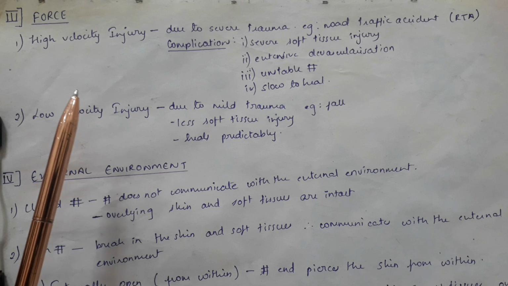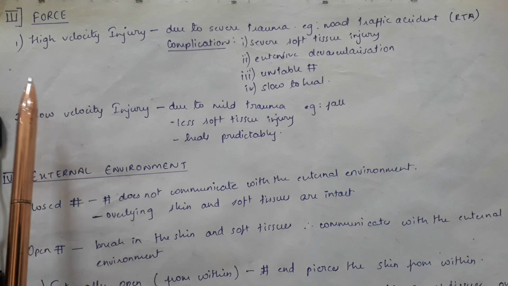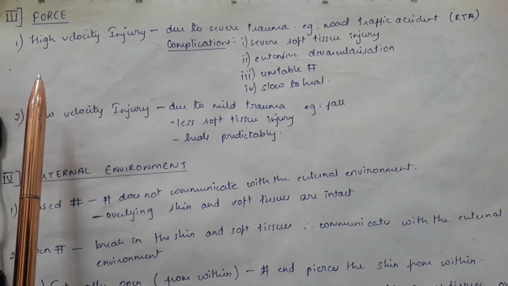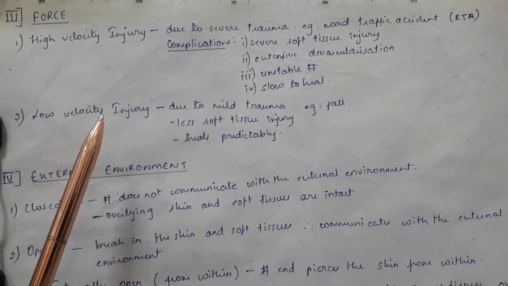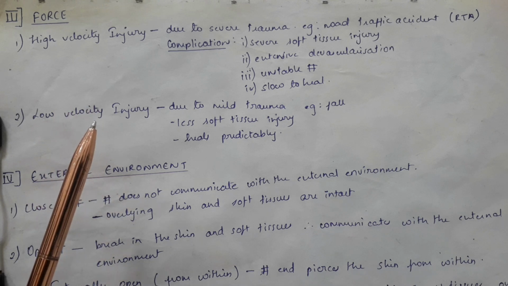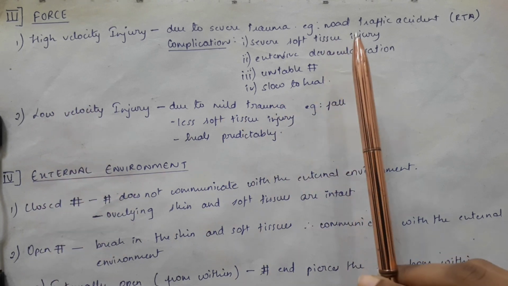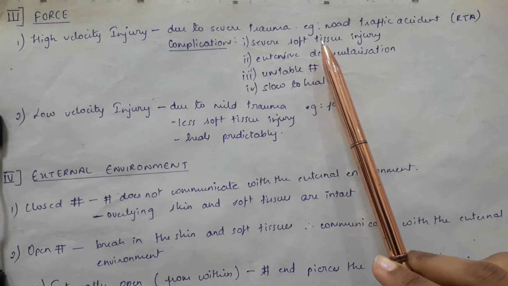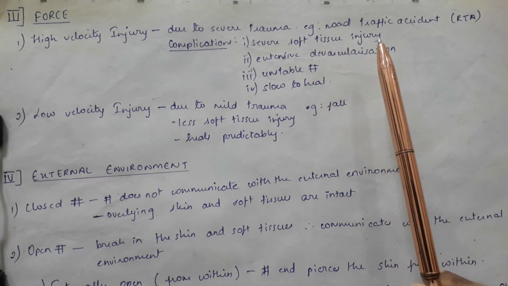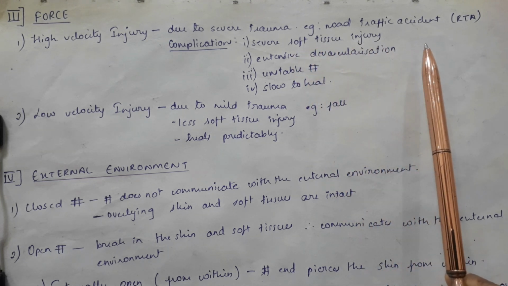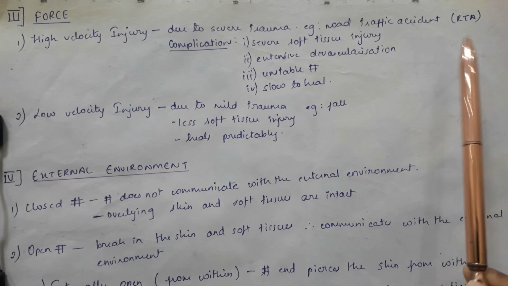The third classification is based on force. Here it is further divided into high velocity injury and low velocity injury. High velocity injury occurs due to a severe trauma, for example, a road traffic accident, that is an RTA.